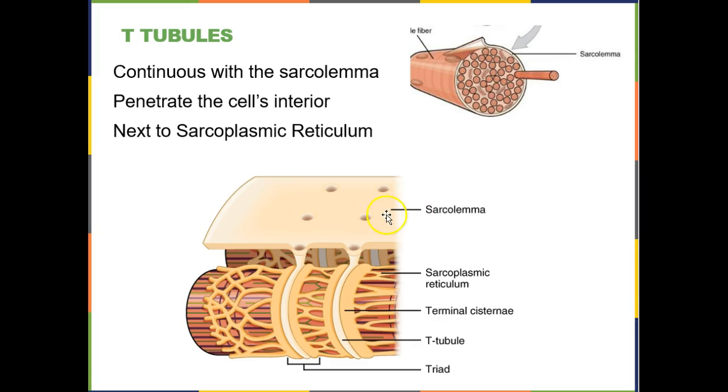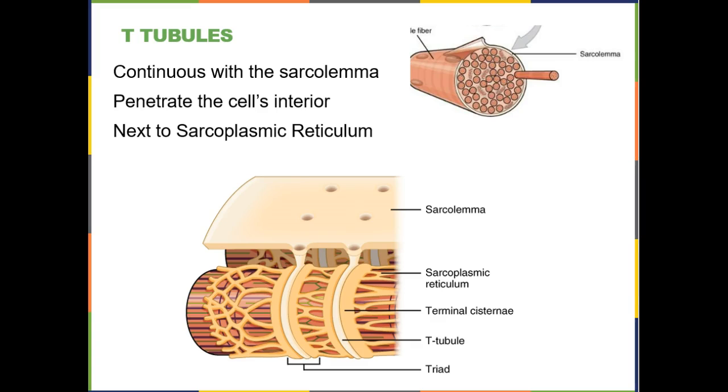There are places where the sarcolemma actually grows down and penetrates into the interior of the cell. These are called T-tubules. So this hole right here goes down into this tubule. This tubule will wind its way the whole way through the cell.